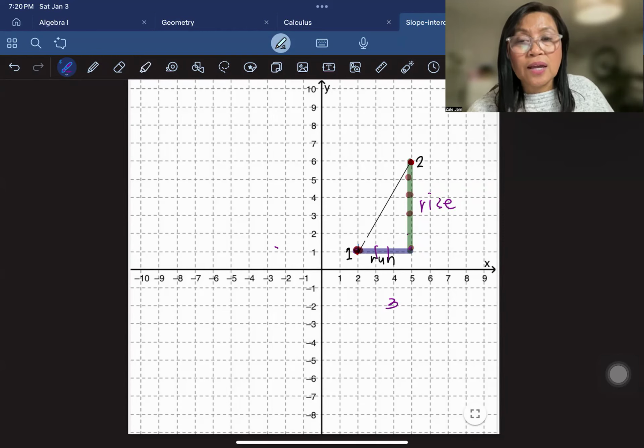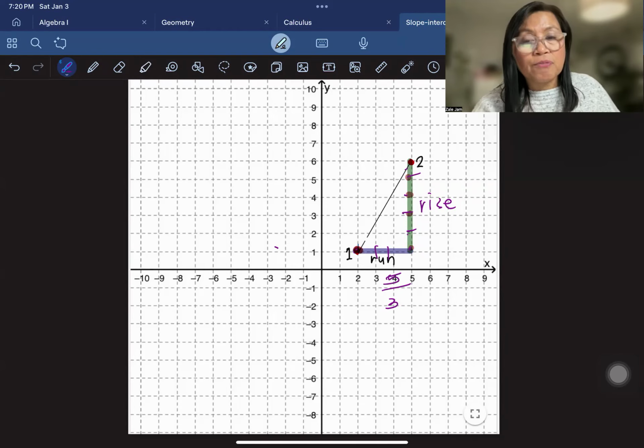And going up, we have 1, 2, 3, 4, 5, so our rise is 5. Therefore, our slope is equal to 5 over 3, or 5/3.